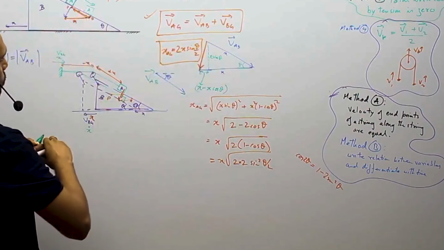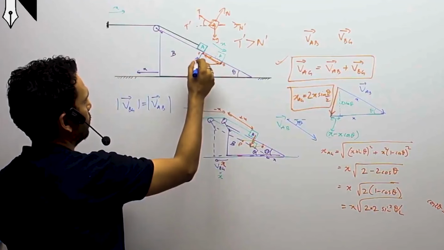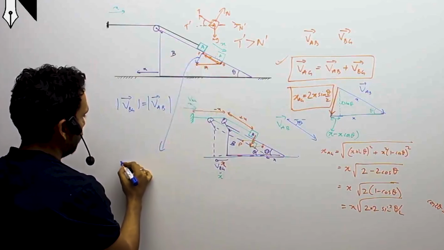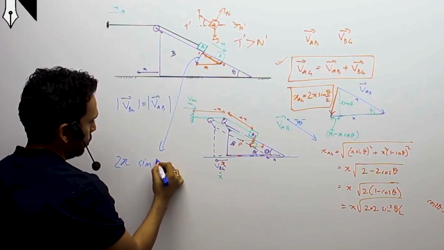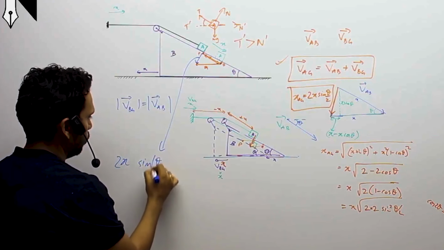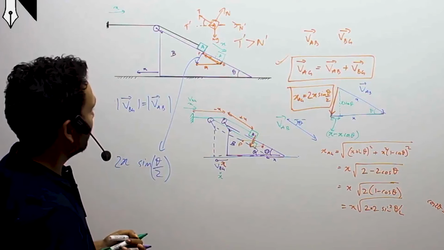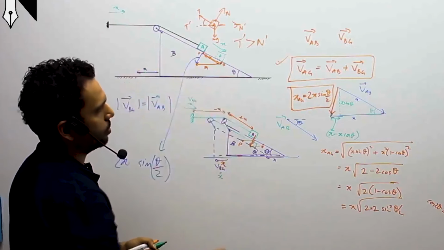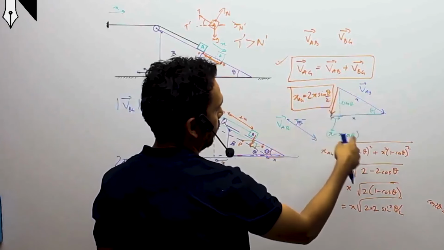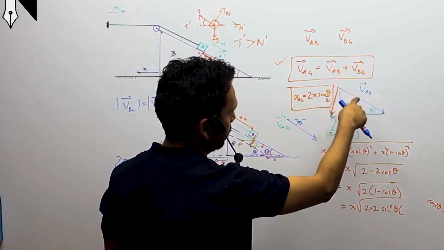That's your blue line in the diagram over here. The movement will be 2 times x sine theta by 2. So that's your displacement.